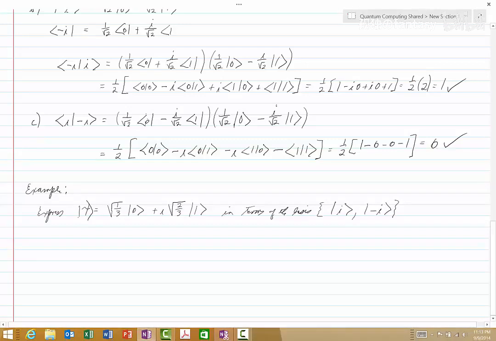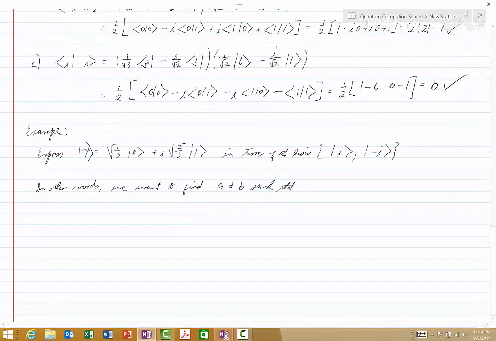Okay, so in other words, we want to find A and B such that C is equal to A times the i ket plus B times the minus i ket.